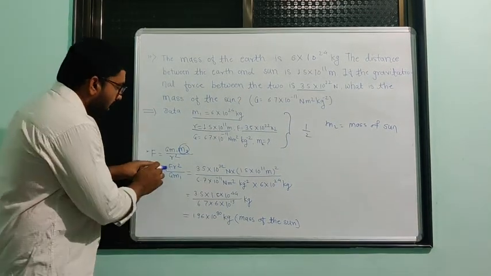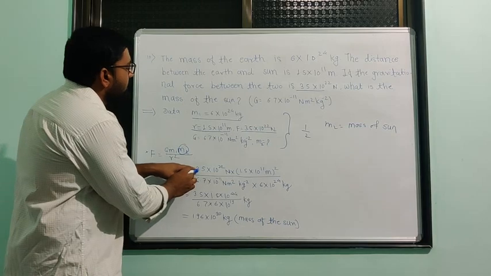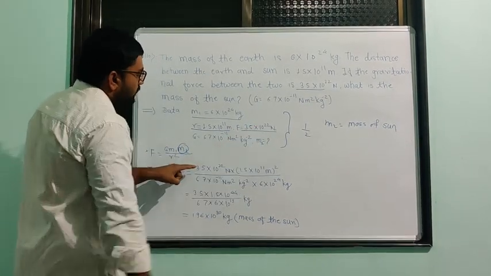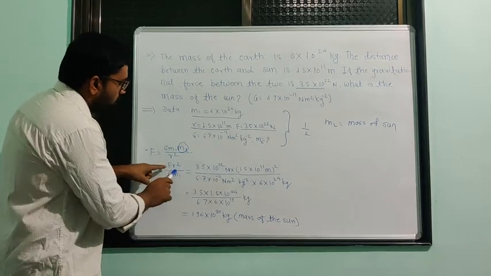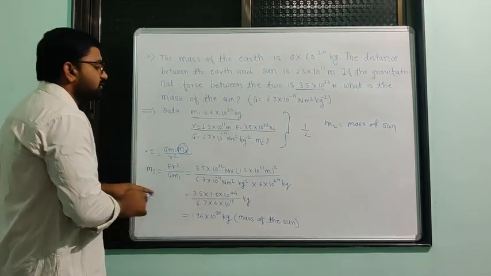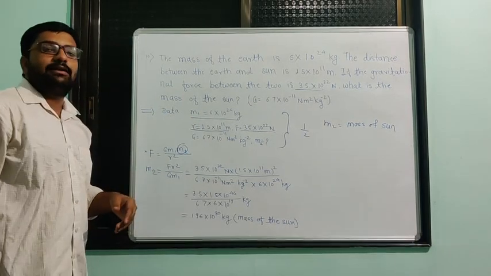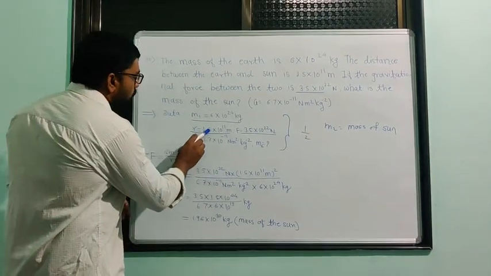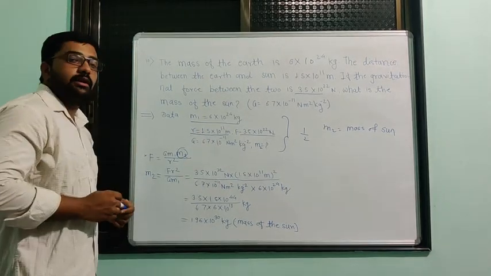Okay, so how much is the force F? The gravitational force between earth and sun is 3.5 × 10^22 Newton. So F into r square, where r is the distance between sun and earth, given as 1.5 × 10^11 meter.